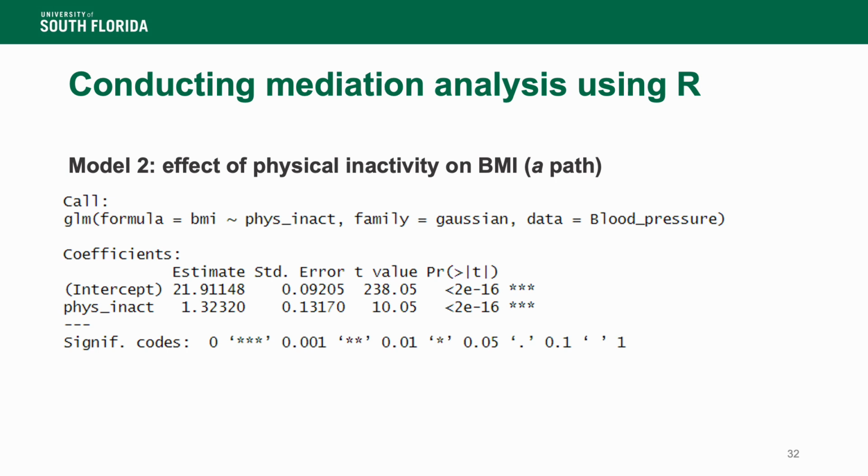The coefficient for physical inactivity of 1.32 indicates that physically inactive individuals on average have a 1.32 higher BMI compared to physically active individuals. In the last column, we can again see that the p-value for physical inactivity is below 0.05, indicating that physical inactivity and BMI are statistically significantly associated with one another.